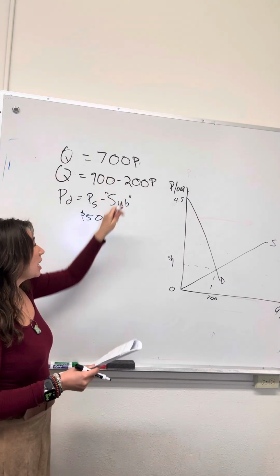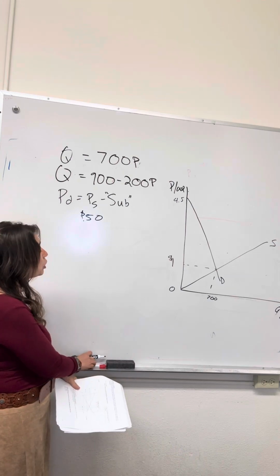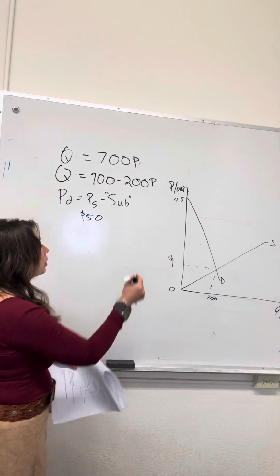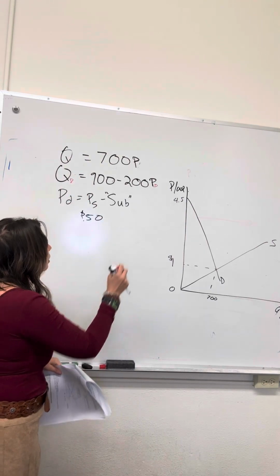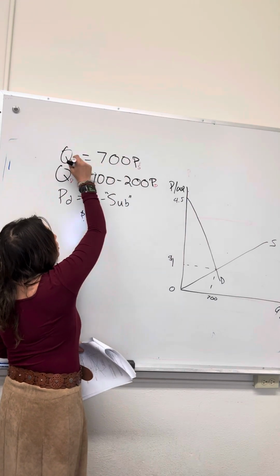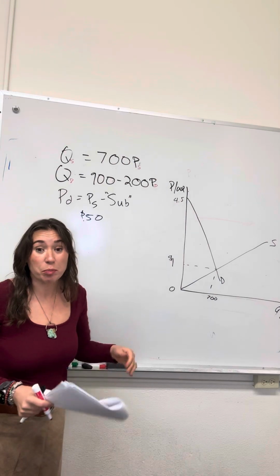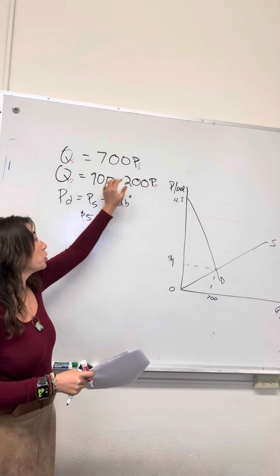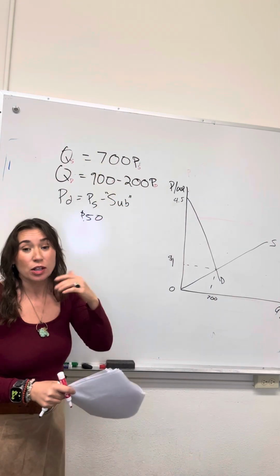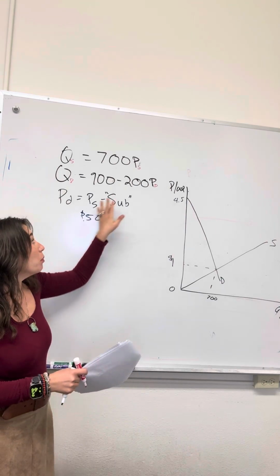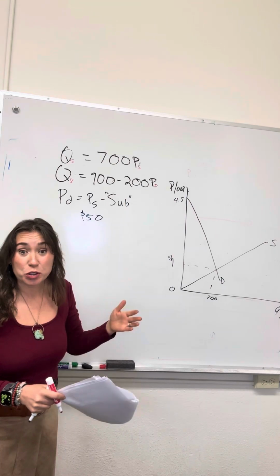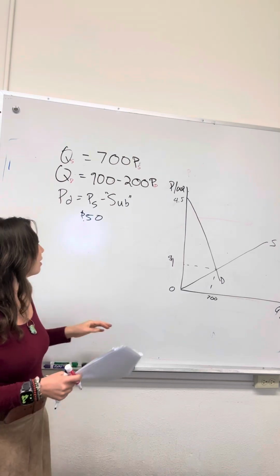In this case, it's negative, indicating a negative relationship. So we want to put PD and QD here, and then PS and QS here, showing a positive relationship for producers between quantity and price. The price goes up, I want to sell more. A negative relationship between price and quantity for consumers. Price goes up, I want to buy less.